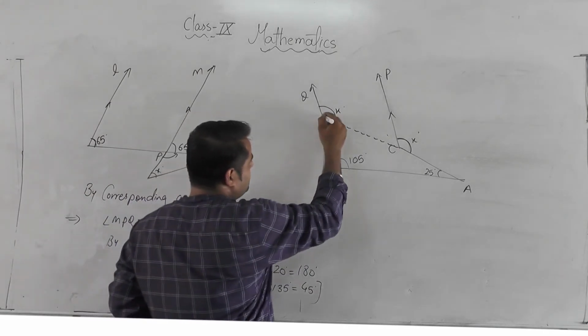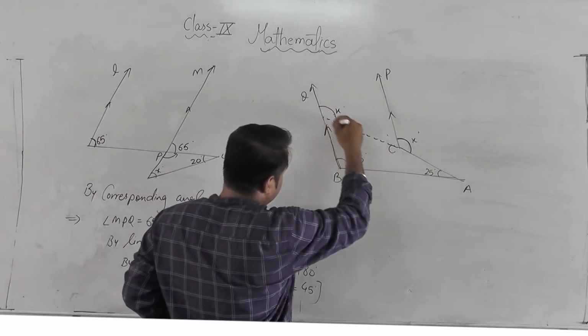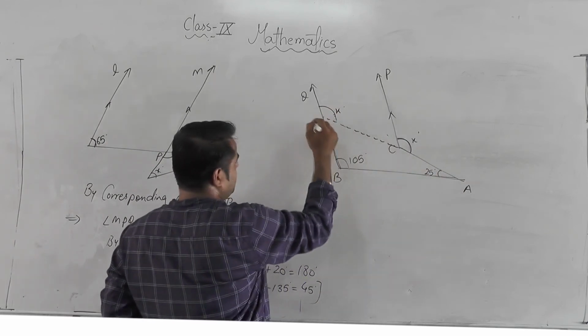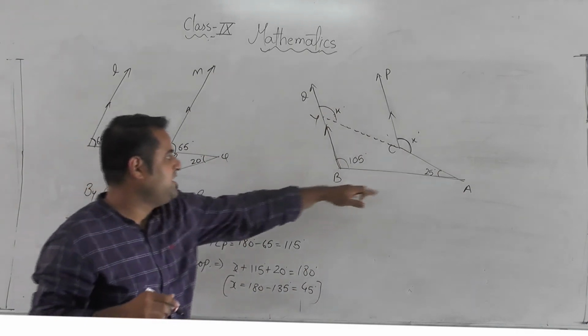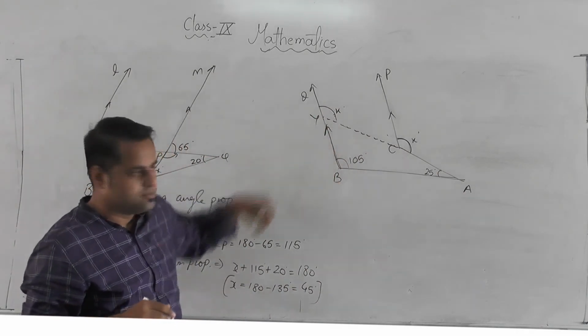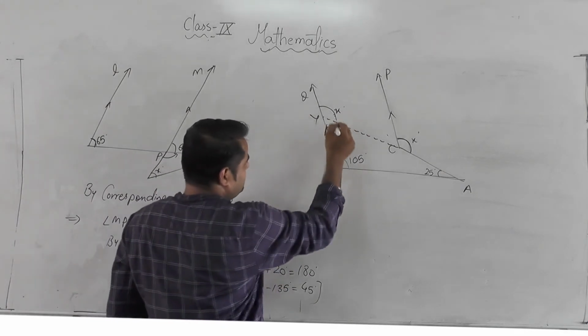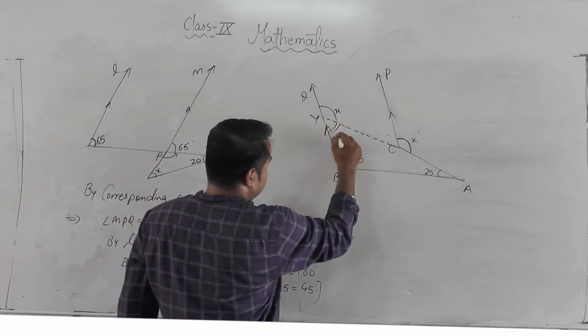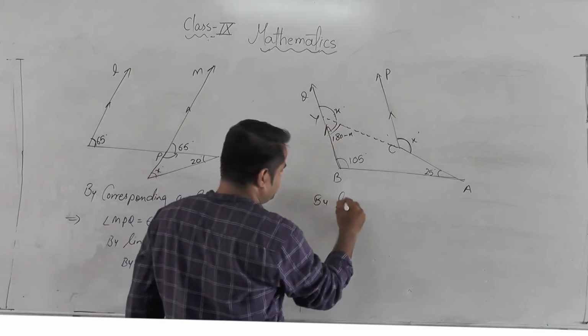Here you can see this whole shape is like a triangle. I am giving it a name Y. So this YBA has become a triangle now. And this is the linear pair of this X, so it will be 180 minus X.